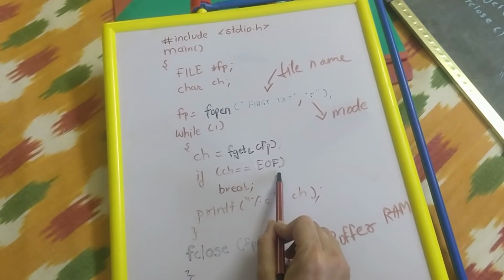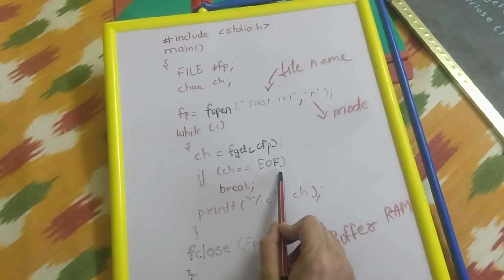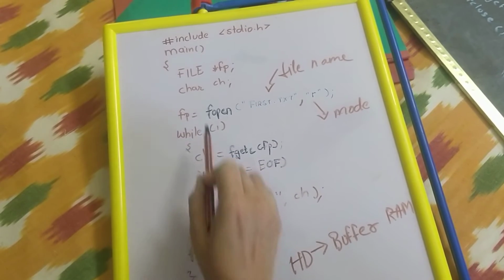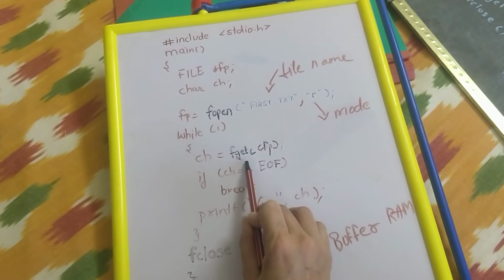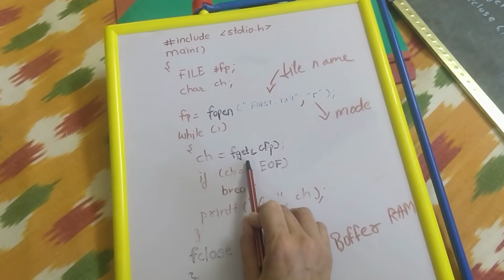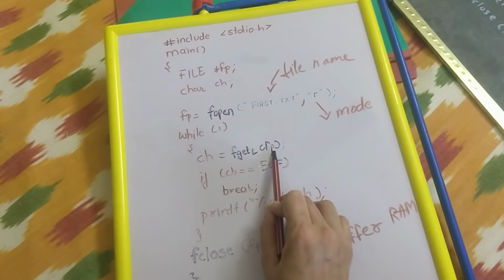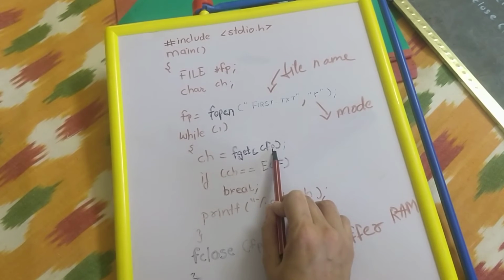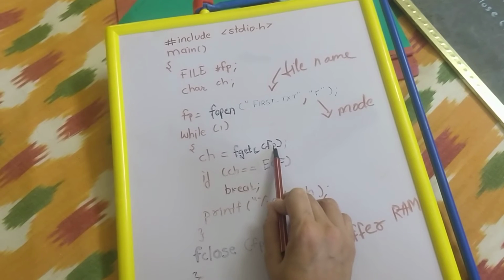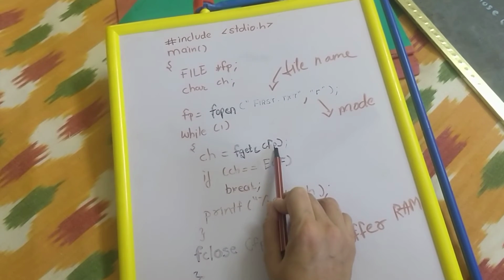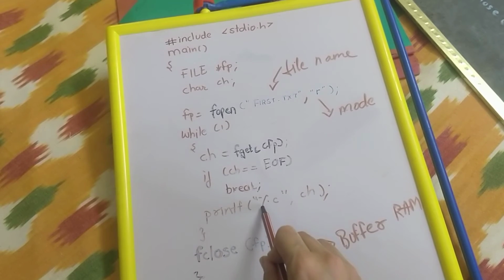In this loop, in a character declared as ch, you are reading the data through the fgetc function from the file residing in memory pointed to by fp. Then you are printing the character.